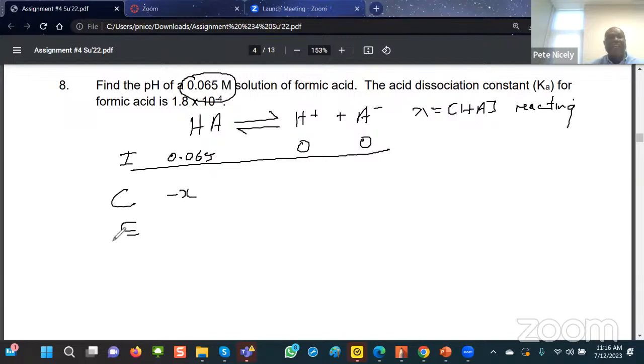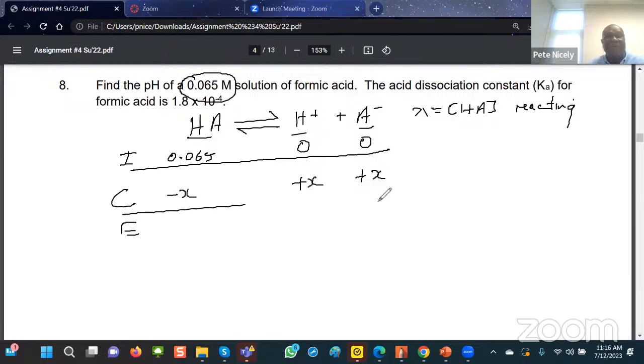Now, if minus x is the change in concentration of HA, then the concentration change for H plus will be plus x, and the same is true for A minus, plus x. That's because of the stoichiometry. It's a 1-to-1-to-1 ratio between the HA, the H plus, and the A minus. So whatever the moles of this reacting, the moles of these two produced will be the same.